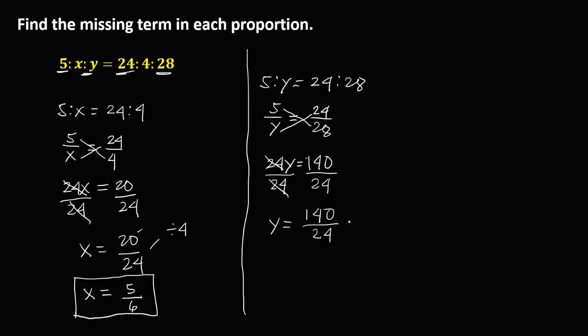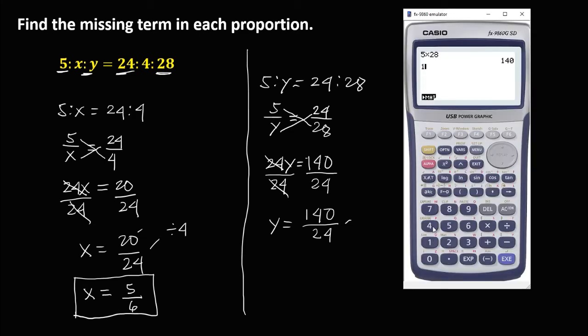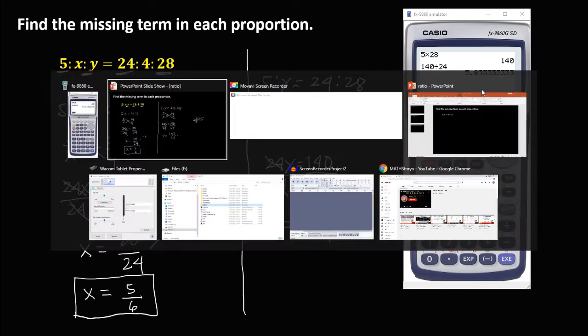Then we need to reduce this 140 over 24. So we have 140 divided by 24. 140 divided by 24, that's 5.